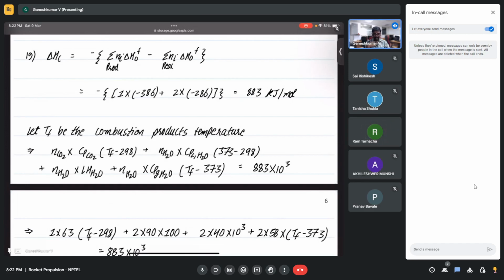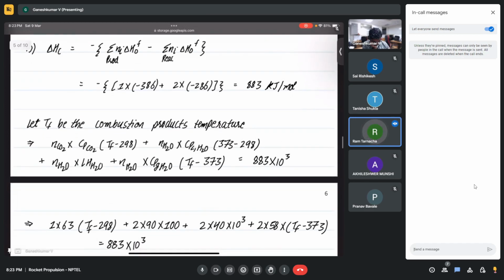So this 373 minus 298. This should be 75. You put in 100. Could you please come again? You see, in the solution next line, we have written NH2O multiplied by CPLH2O multiplied by 370 minus 290. Correct. Now CPLH2O is 90. So 2 multiplied by 90 by 100 unit. Should be 75. Okay.